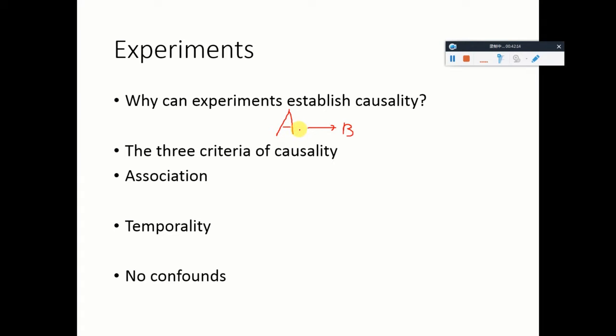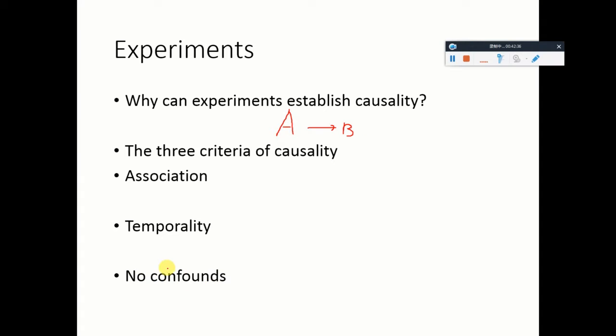That is, the presence of A must lead to the presence of B, and absence of A will lead to the absence of B. Because if there are other alternative explanations, then even if you remove A, B might still be present because of confounds, right?